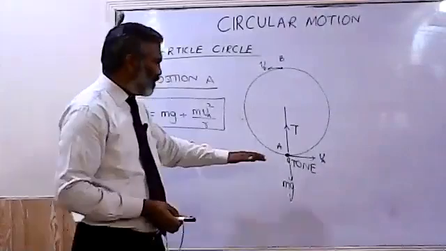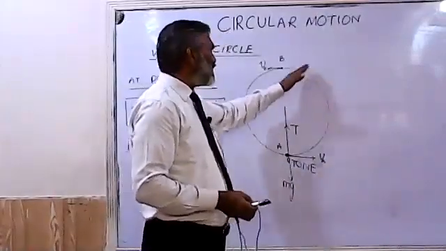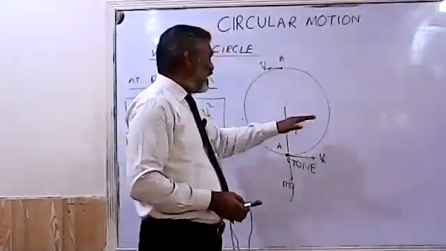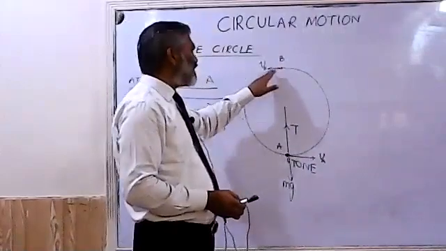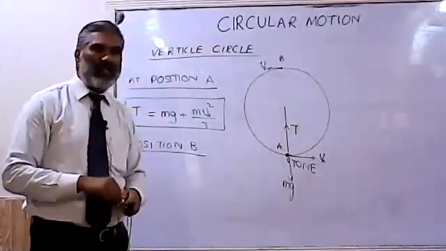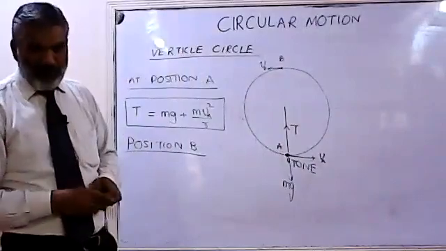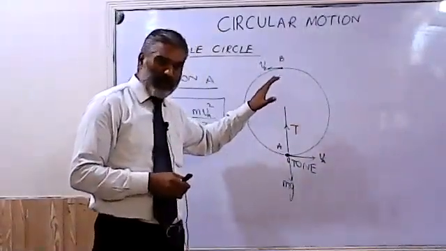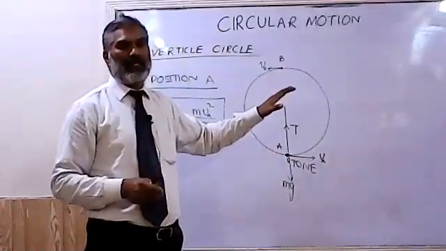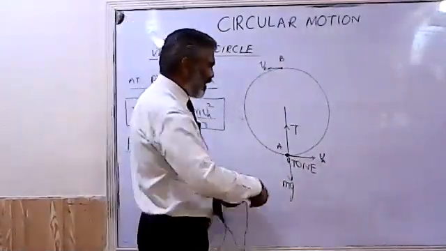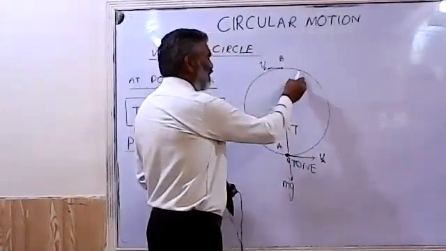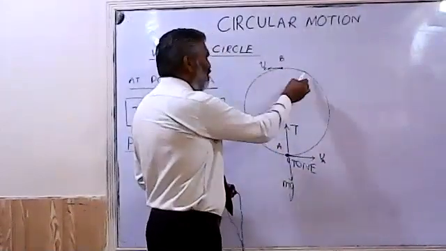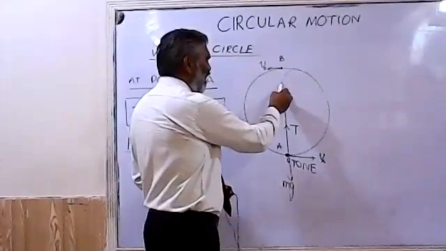When this stone moves towards the top, it slows down, and this is the position where its speed should be a certain minimum. If it is less than that certain minimum, the object will not be able to complete the vertical circle. It will reach here, but it will be unable to complete the circle, and maybe it falls like this.